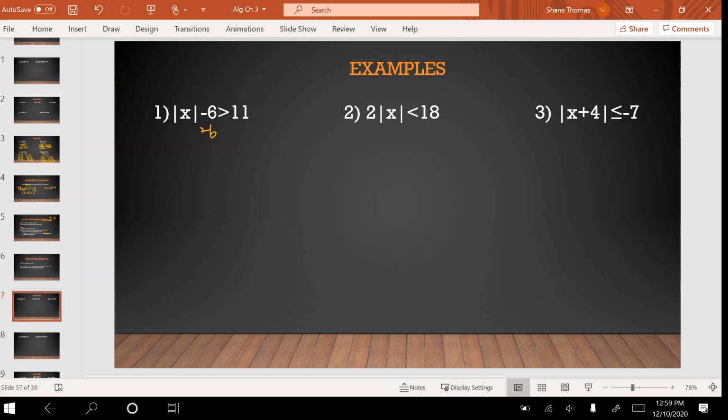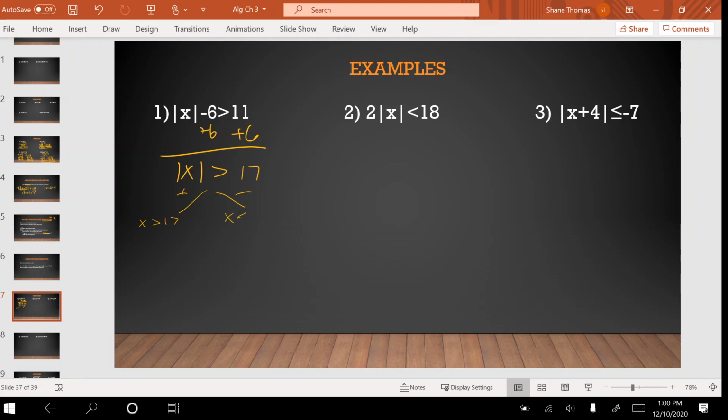Let's add it. All right, so I add 6 to both sides. So the absolute value of x is greater than, what's 11 plus 6? 17. Okay? Now I'm ready to split it. I have the absolute value on a side by itself. To split, plus, minus. So I have x is greater than 17.